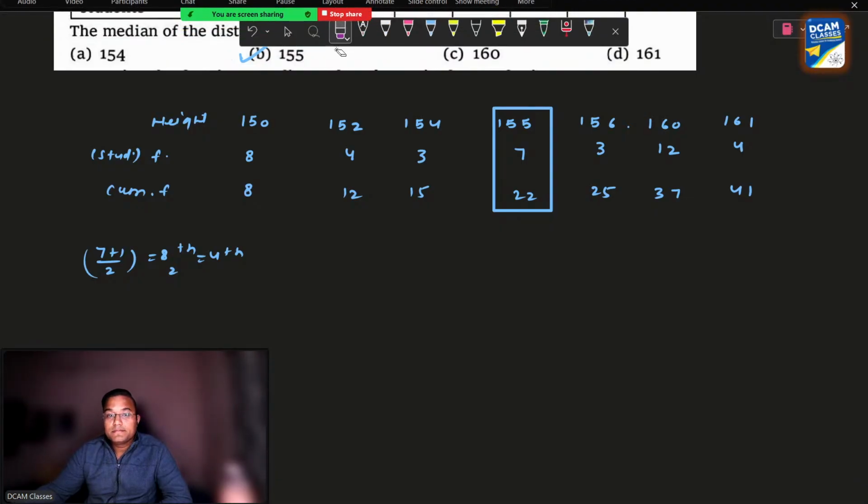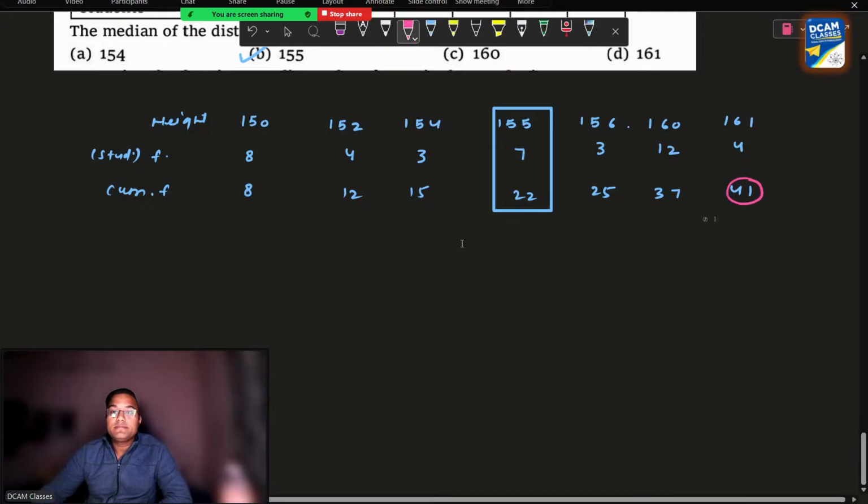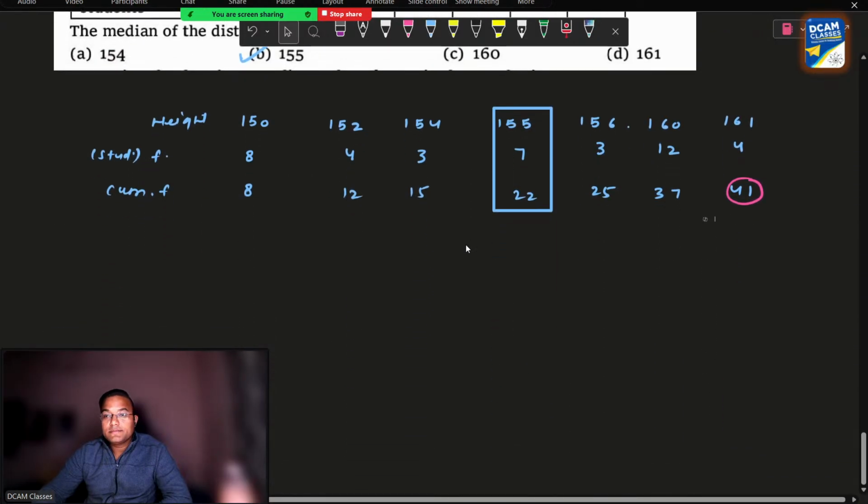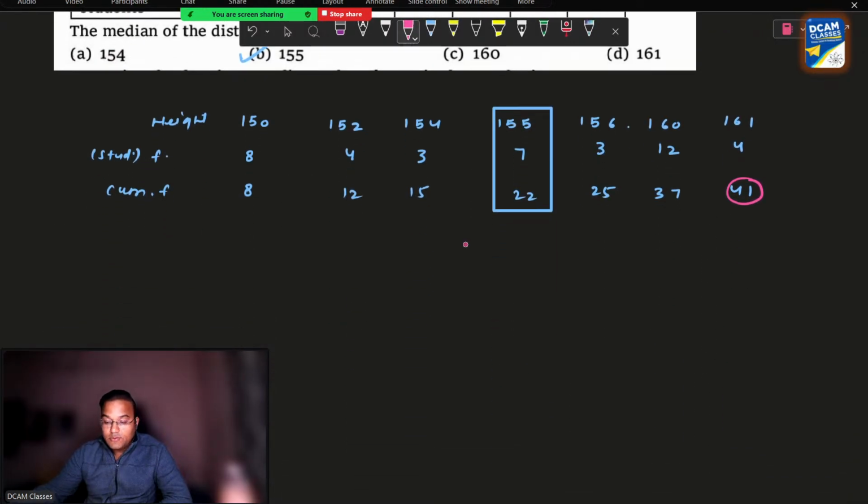Wrong. Actually, how we do, na? The cumulative frequency you are getting is 41. So the (n plus 1) by 2 will be 41 plus 1 by 2.